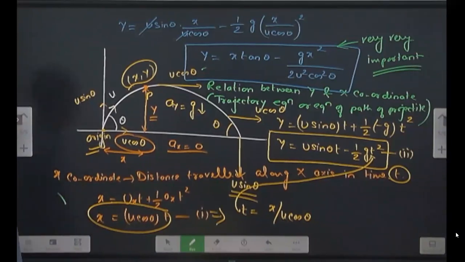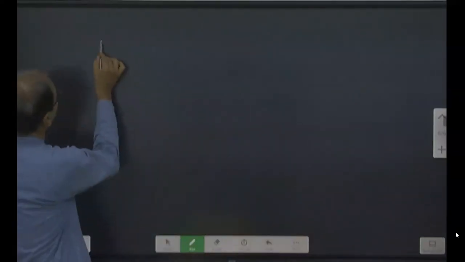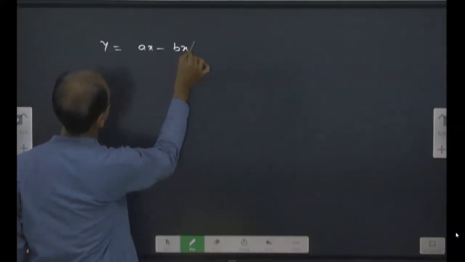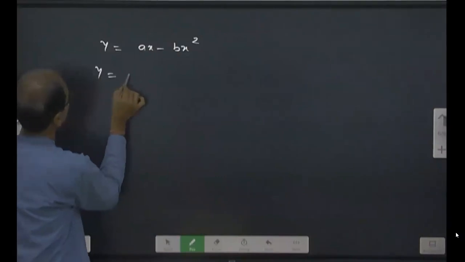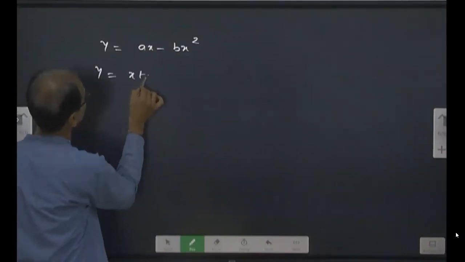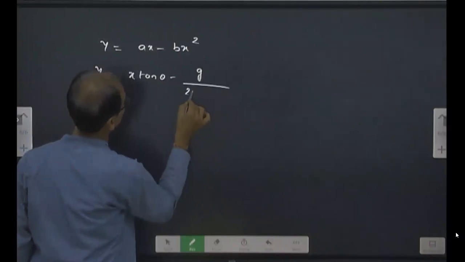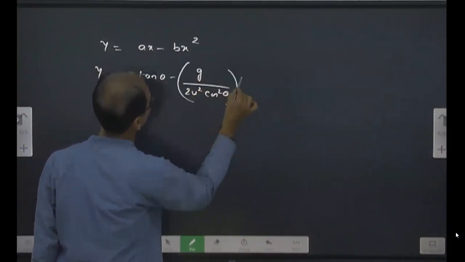So this quadratic equation is of the form y equal to ax minus bx square, because our equation was y equal to x tan theta minus g by 2u square cos square theta into x square.